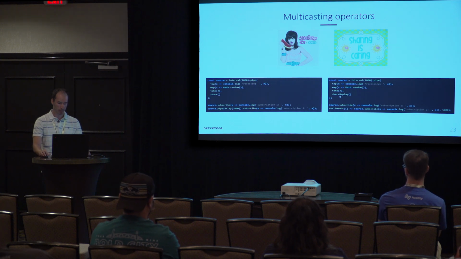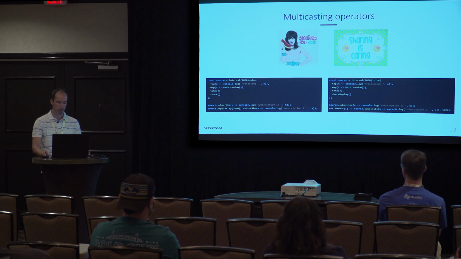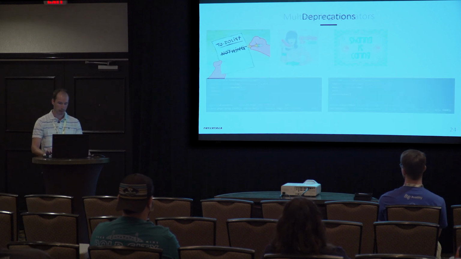And if we do this without share replay, this would mean that the values that passed until the second one subscribed will be discarded. But if we use share replay, then these are again kept, and once every other subscriber comes, all of the values are emitted. The default behavior is like that, but we can also supply a number argument, and then this would mean replay the last n emissions, whatever that number is.